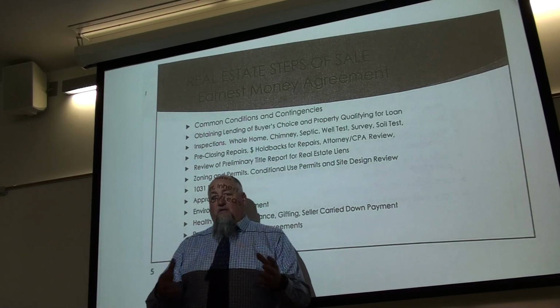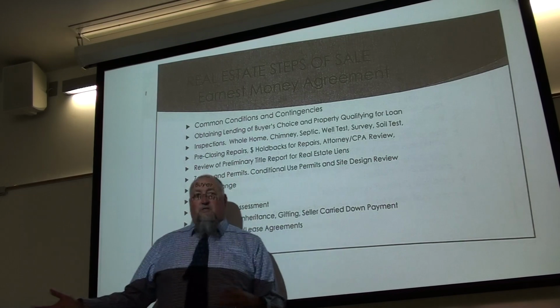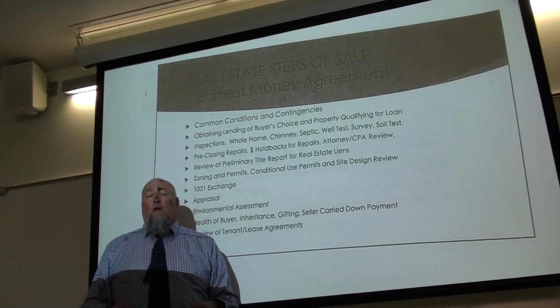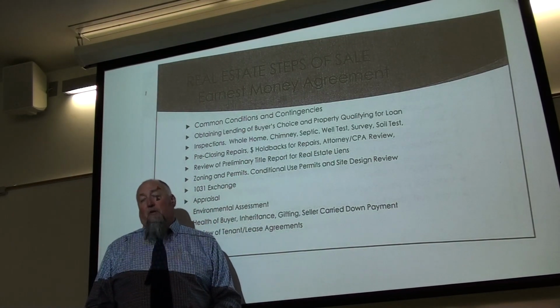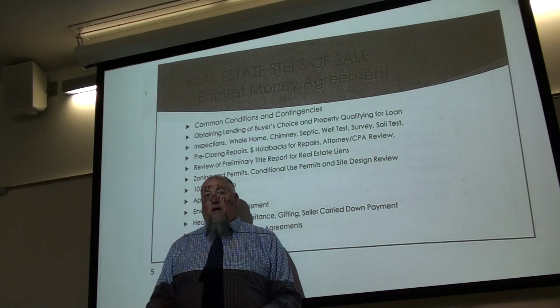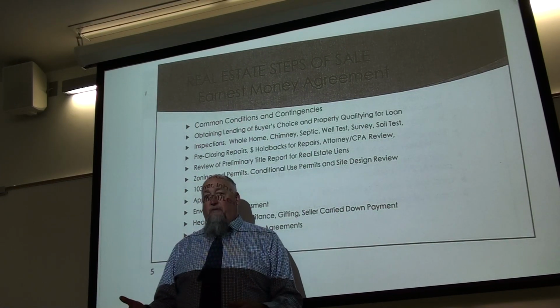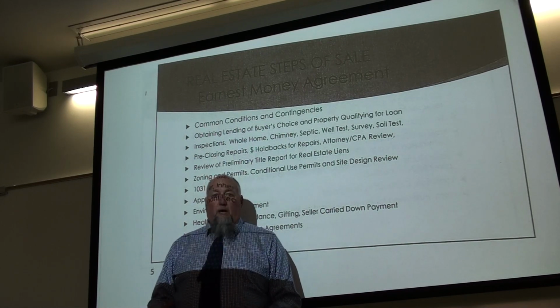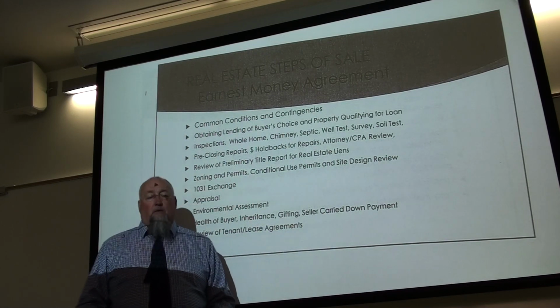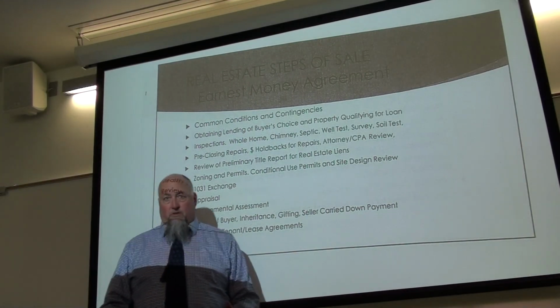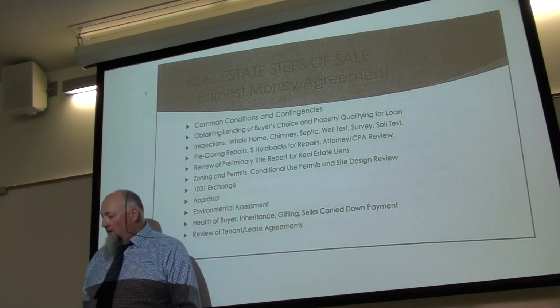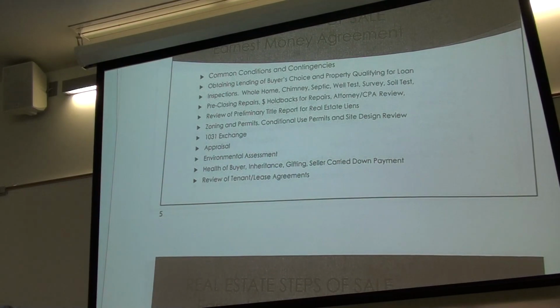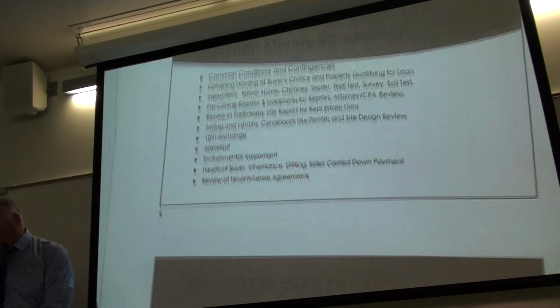And that is where we get these conditions and contingencies. And these need to be written out very specifically in the earnest money contract. If you don't have these in there and something goes wrong, you may not be able as the buyer to terminate without losing your earnest money deposit. So that's why these are so important. So these are common conditions and contingencies.